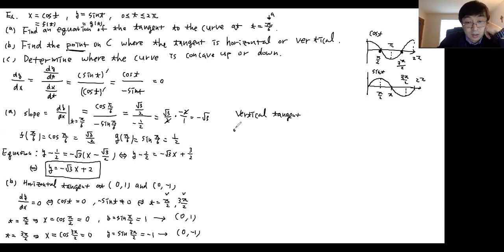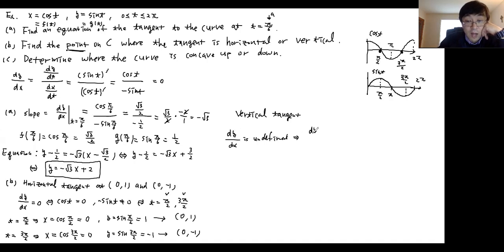So what does it mean? dy over dx is undefined. So what's that? This is the same as case 1.